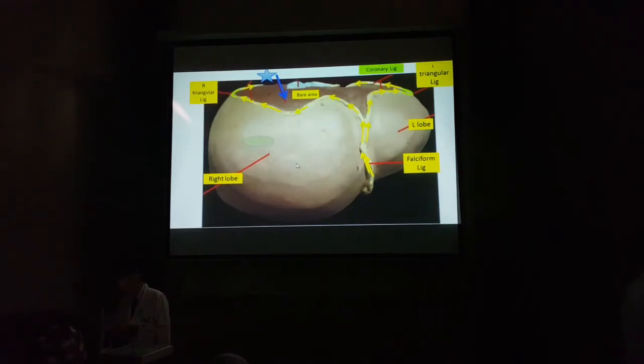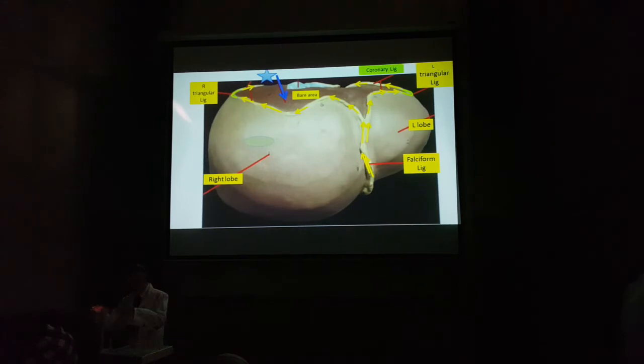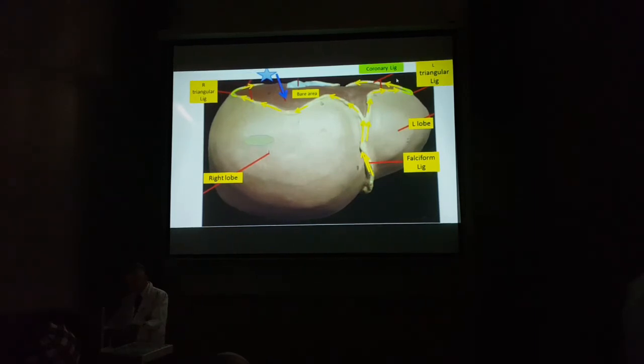This space here is the right anterior subphrenic space, because the diaphragm comes and covers the liver. And this space here is the left anterior subdiaphragmatic space. When you go to the back, it is left posterior subphrenic and right posterior subphrenic.